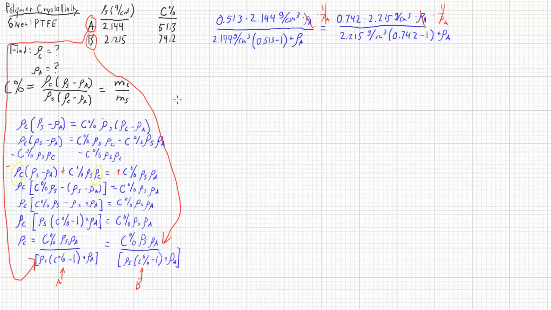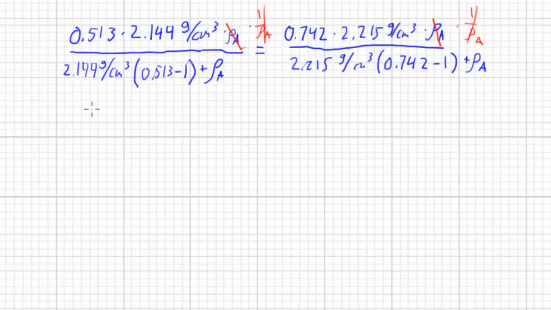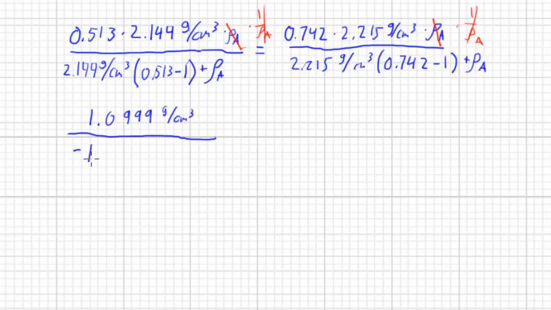At the top, we have 1.0999 grams per cubic centimeter, and divide that all by minus 1.0441 grams per cubic centimeter plus the density of the amorphous material.